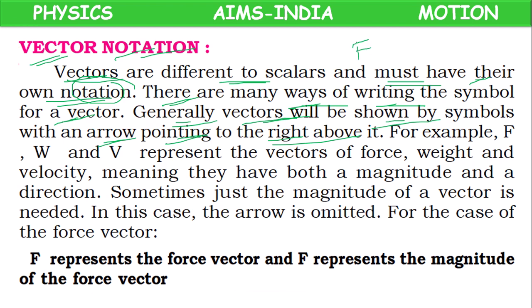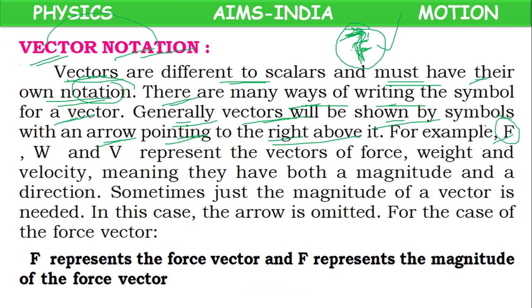If force is a vector, it will have one arrow above it pointing to the right. A line with an arrow mark represents that it is a vector. That is one kind of representation, called vector notation.